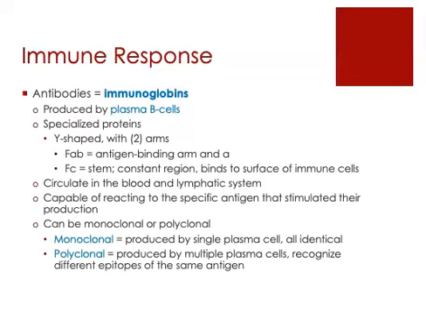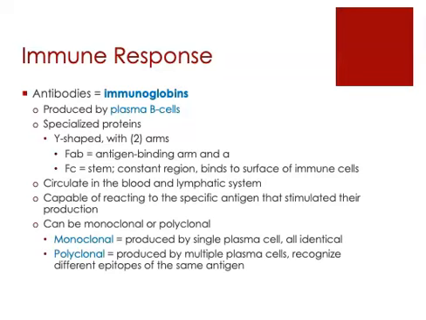In this last video for this lecture, we're going to talk about just a few of the most important features of antibodies. Antibodies are also referred to as immunoglobulins. They are produced by a descendant of the B cell, which is called a plasma cell.